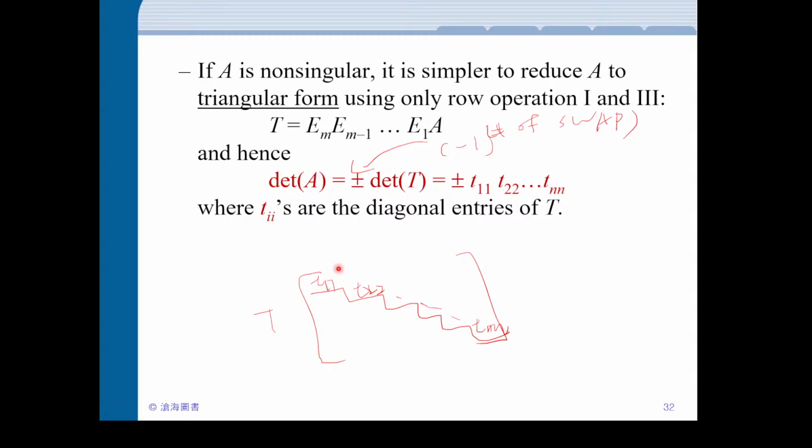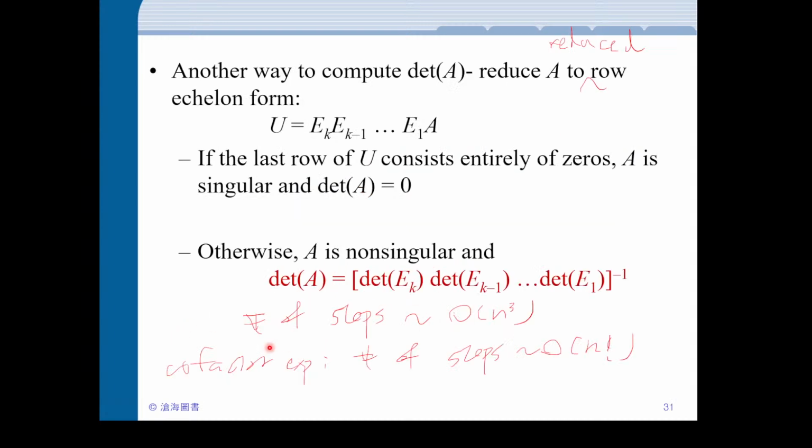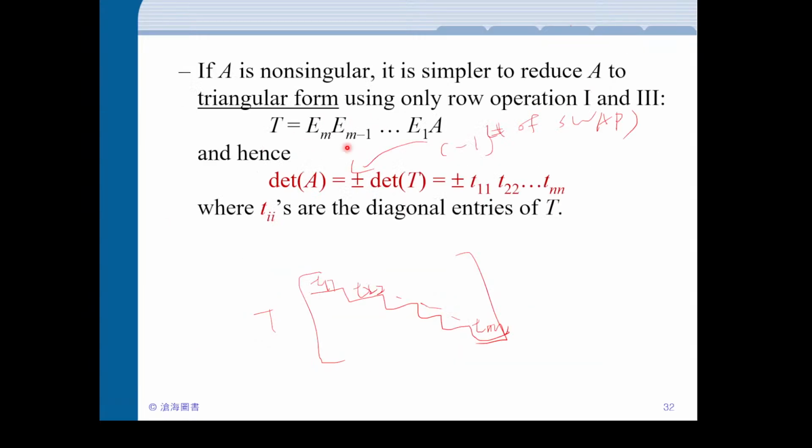And anyway, you can also do this even a bit easier. You don't need to reduce to the reduced form to calculate your determinant. If you want to calculate the determinant, you can reduce A just to triangular form. So you don't need to have the upper part also become 0. You only do half of the Gaussian elimination, and then you become the triangular form.